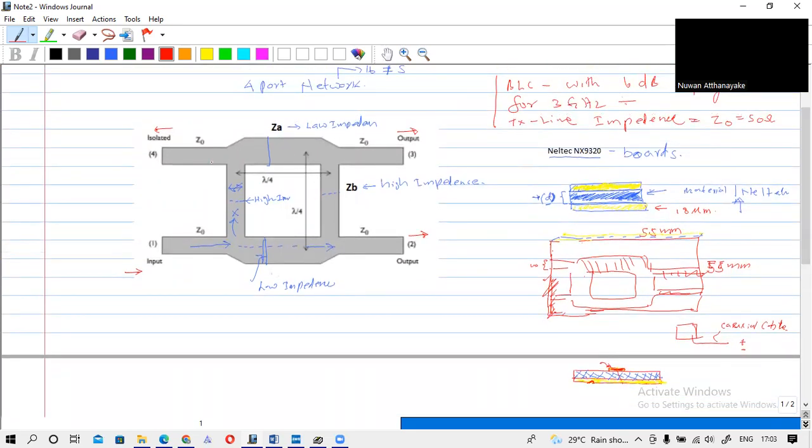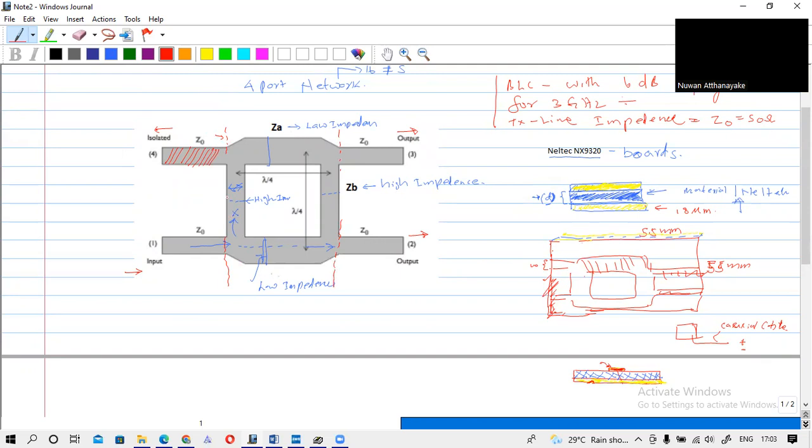Here you can find these are transmission line sections, which we use to feed the signal to this branch line coupler. This is the beginning point of the branch line coupler, and this is the end point.